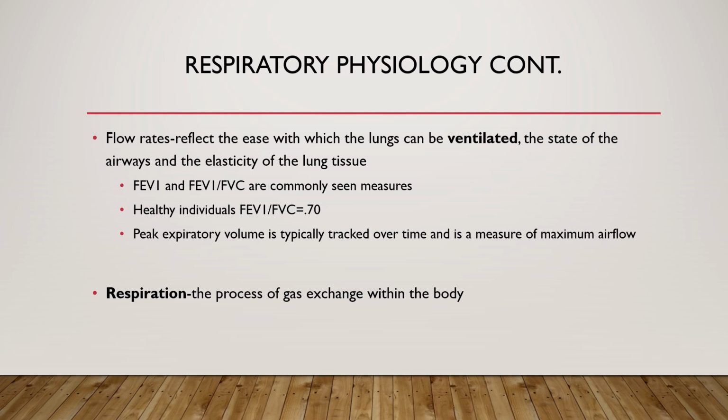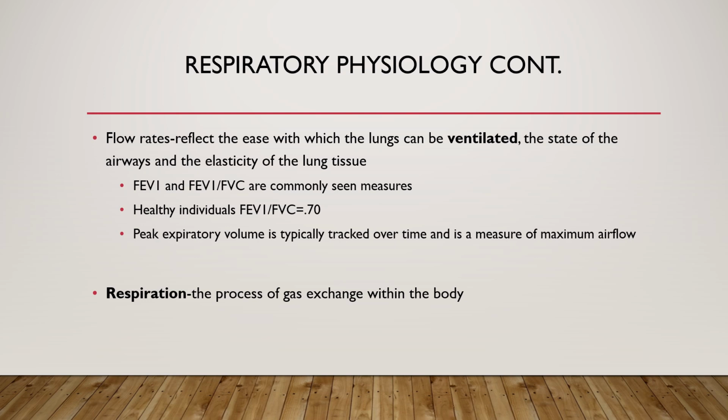And so when we look at FEV1, that is going to be a rate of how fast air is traveling when the patient exhales in that first second. When we look at FEV1 over FVC, that is going to be a ratio, and that is going to take that first rate of how fast that air travels in the first second over how much total air is leaving within that full exhalation.